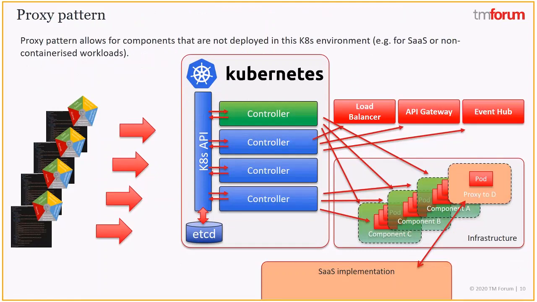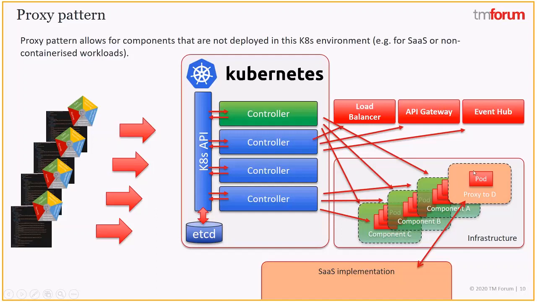Finally, one of the things I wanted to make sure we could cope with is having a proxy pattern. So even if the implementation of my component was somewhere else, I'm using an example of a SaaS implementation. An organization which has a SaaS implementation of a component can package up how I would describe that SaaS implementation, and configure all my non-functional services so that other components can discover where the implementation is, what APIs it supports, and what data it supports.